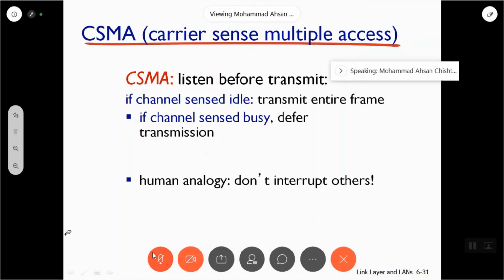The second rule for polite conversation is that if somebody else starts to speak at the same time when you are speaking, stop talking. Like here, it's a human example: don't interrupt others.